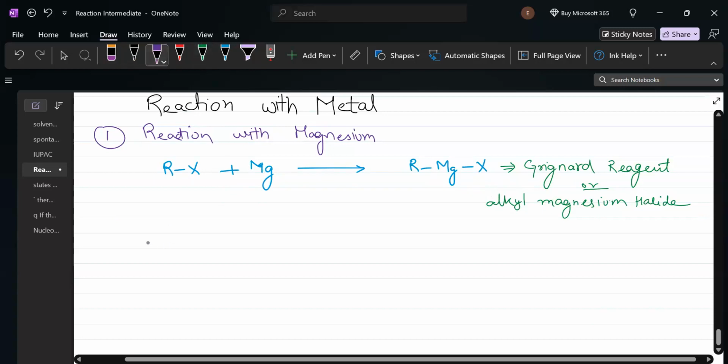Let's see what is happening in here. This X is a halogen, so it is attracting the electron pair toward itself.